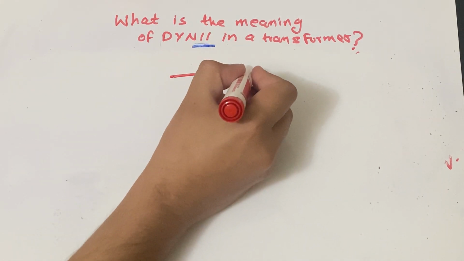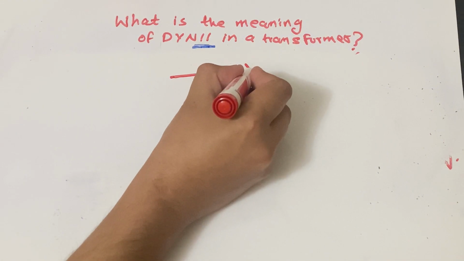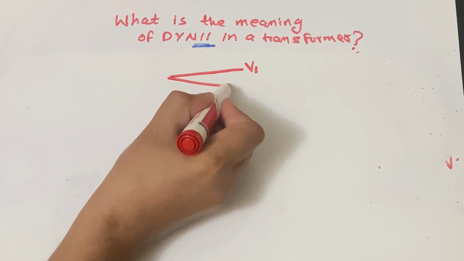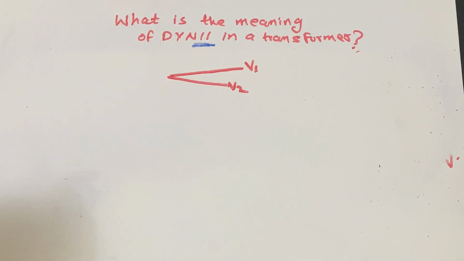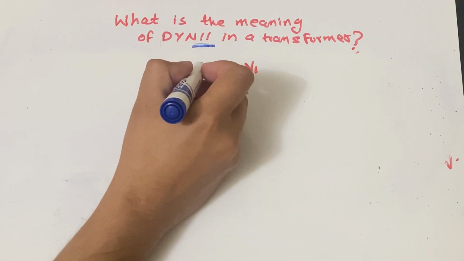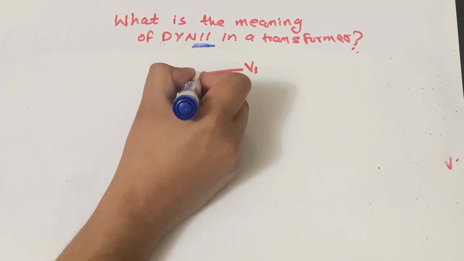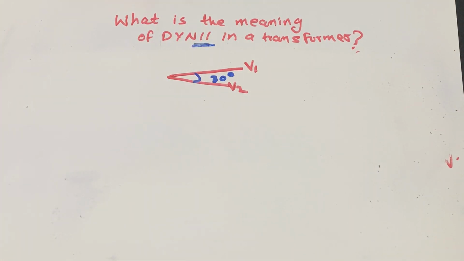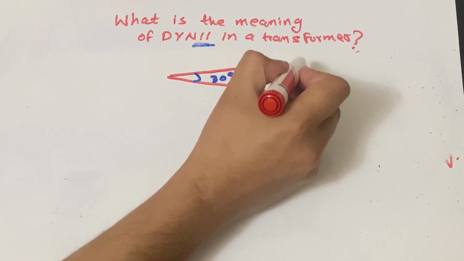So you have to take a reference, here the primary V1 and the secondary V2. I have written that the secondary is lagging behind 30 degree in voltage as well as in currents.